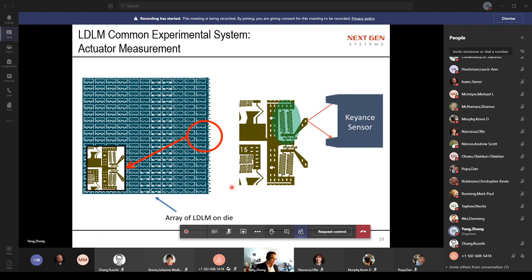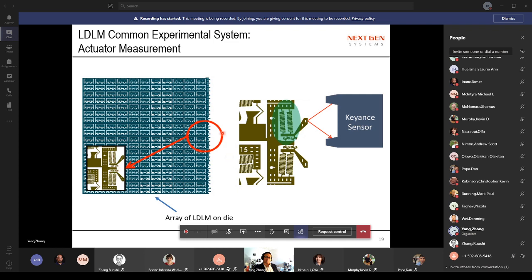The other experiment we set up is where we want to measure the actuator itself, to collect the displacement. This picture is showing the array of microrobots on the die.